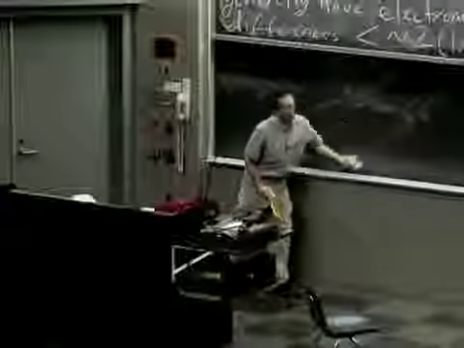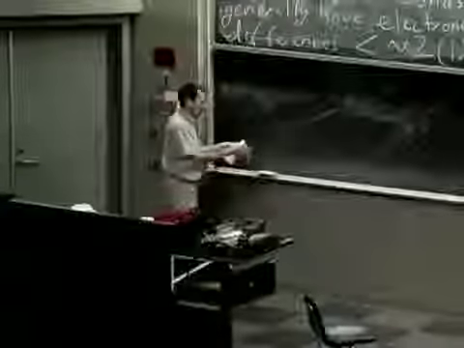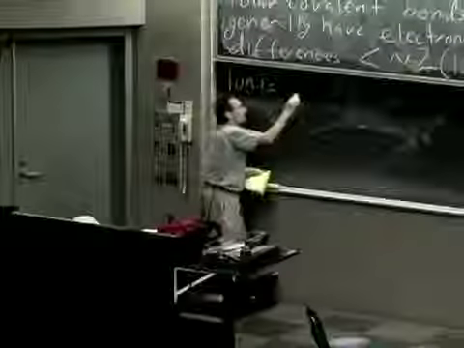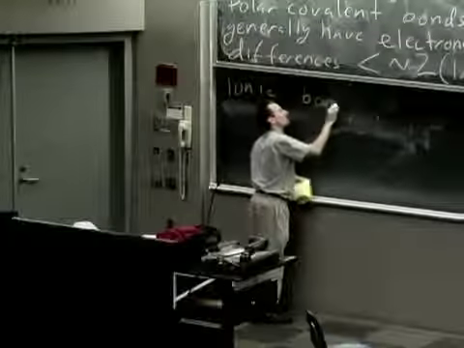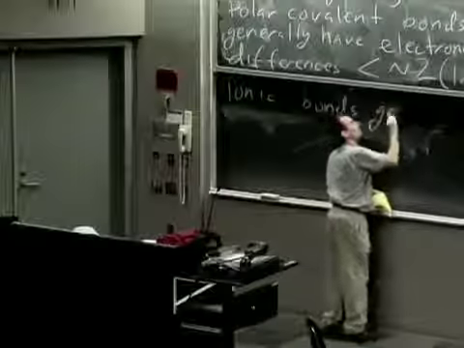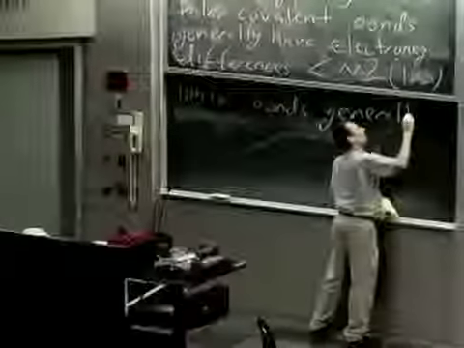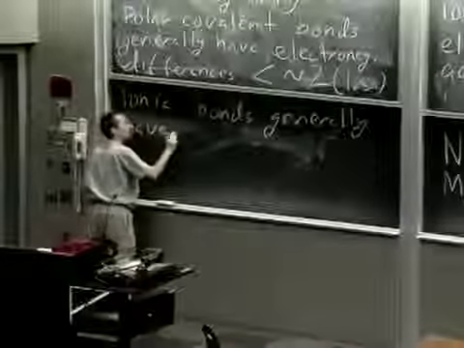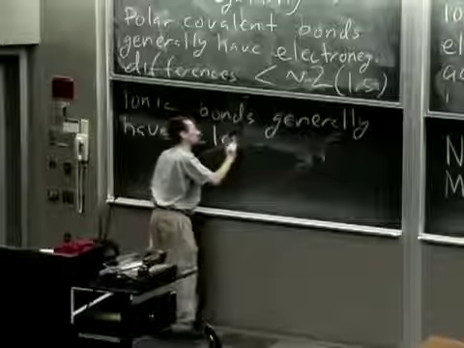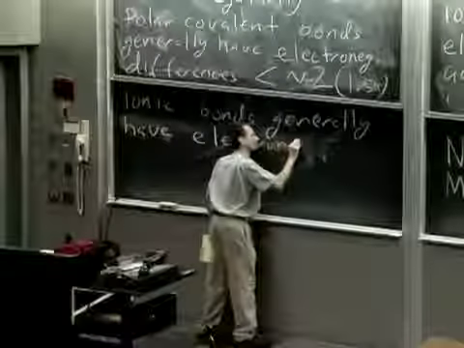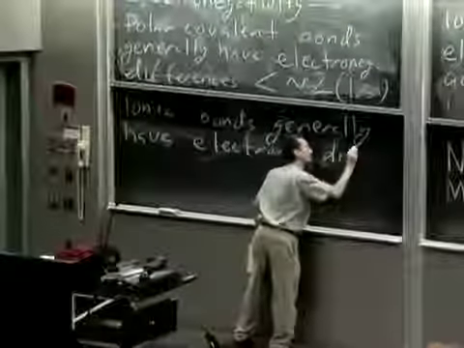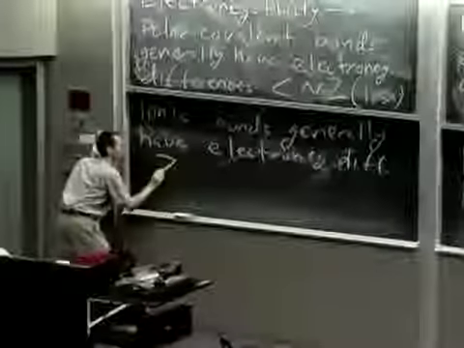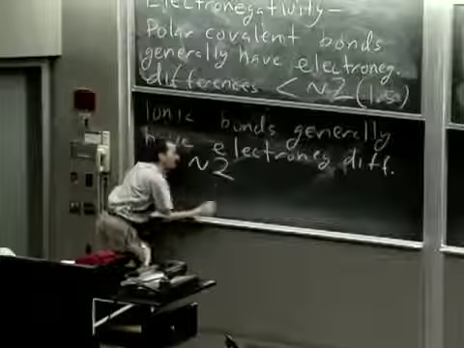And then the flip side is ionic bonds generally have electronegativity differences of greater than about 2. And again, I'm sort of vague.